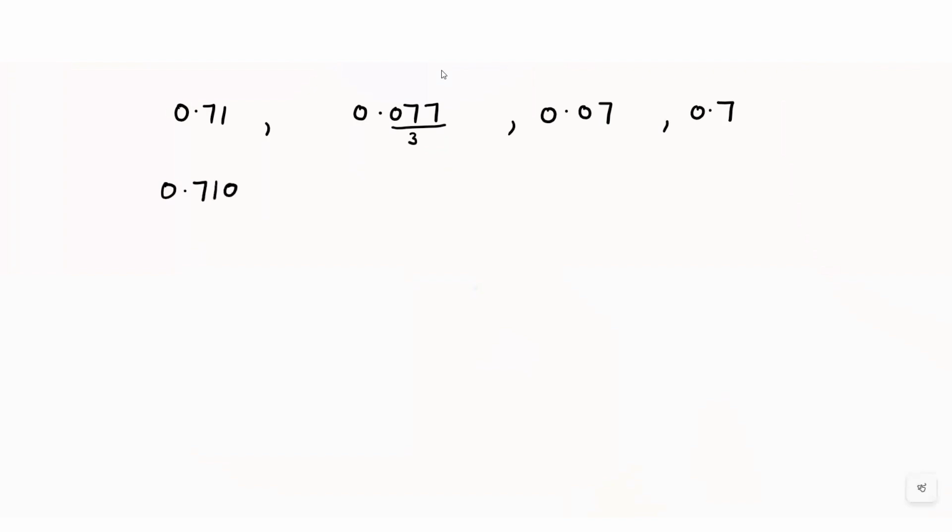So it will become 0.710. This will stay 0.077. This will be 0.070 and this will be 0.700.